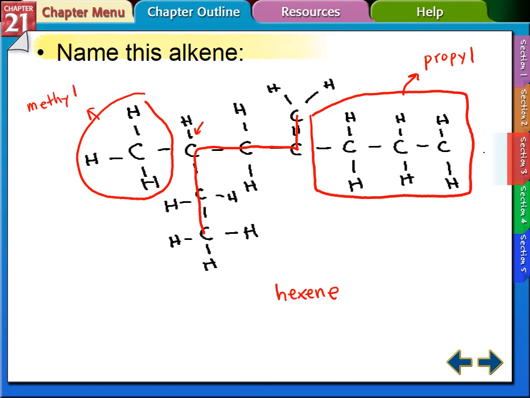Alright, now we have to assign the numbers to our parent chain. So this is carbon 1, since the double bond is closest to it. This is carbon 2, carbon 3, carbon 4, carbon 5, and carbon 6.